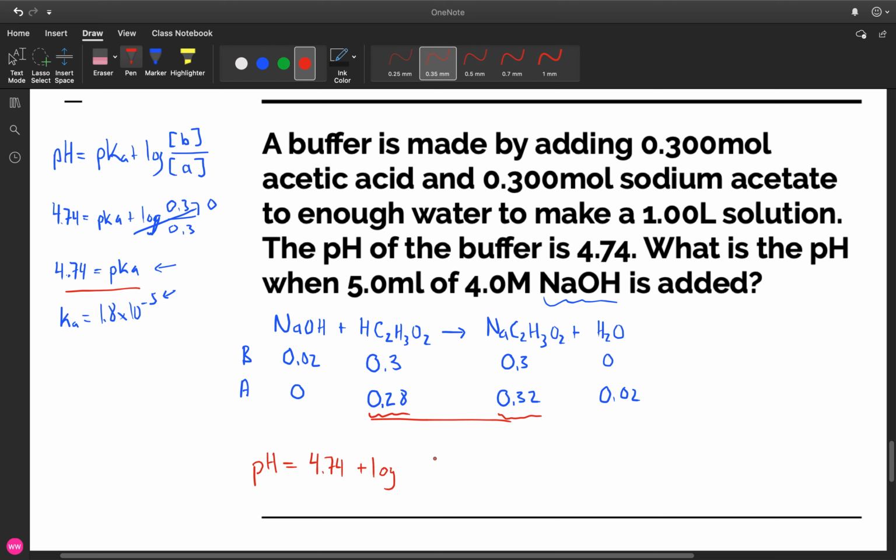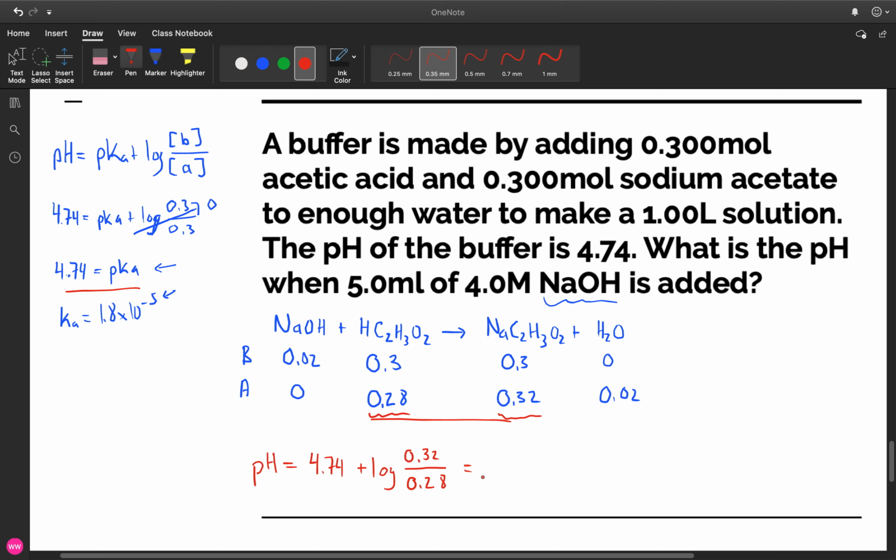Now, the last cool thing about Henderson-Hasselbalch is that because buffered solutions are often going to be in the same container, the volumes of these substances are going to be the same. So I can actually take the moles that I found in the before-after table and use them in the Henderson-Hasselbalch, even though it's asking for the concentration. And that's because, once again, the volume of each of these are the same. So essentially, they would cancel out.